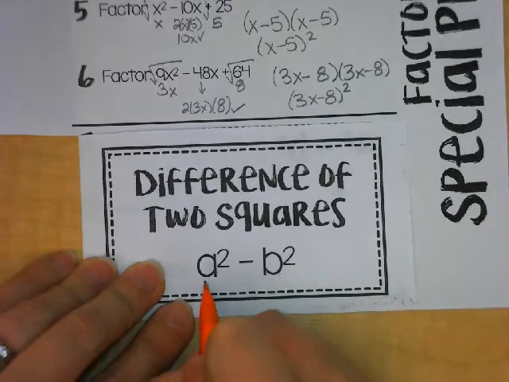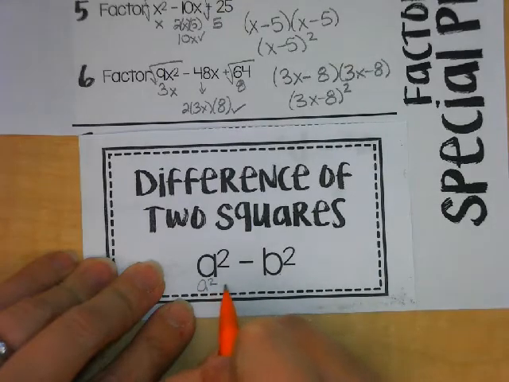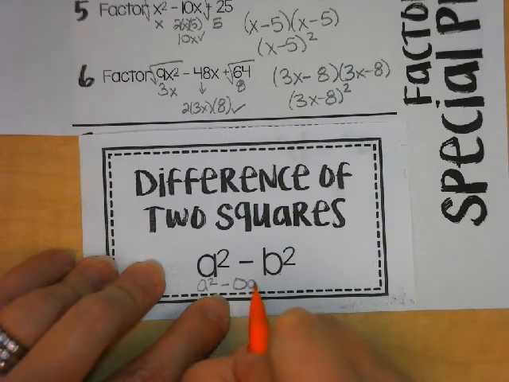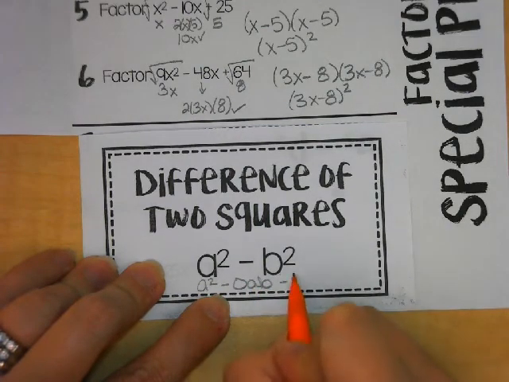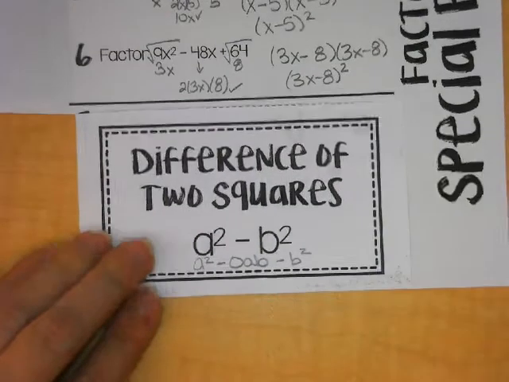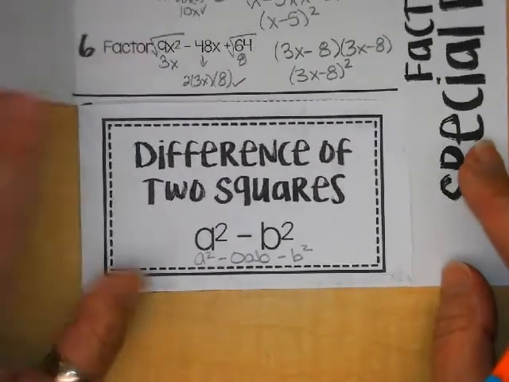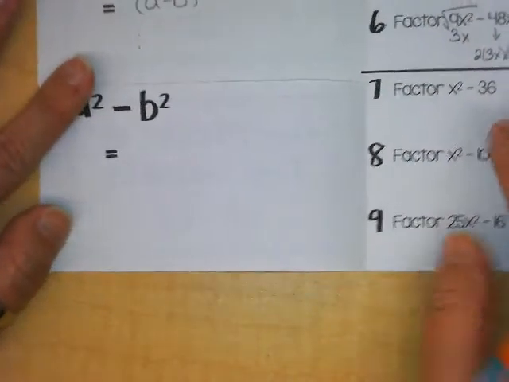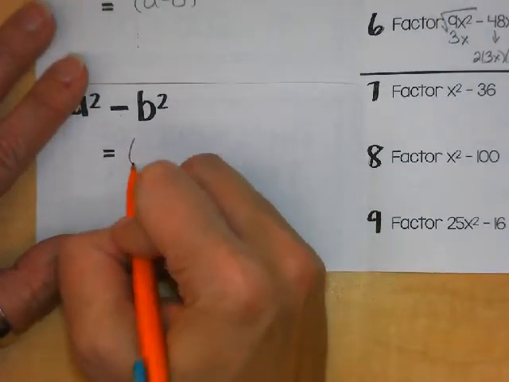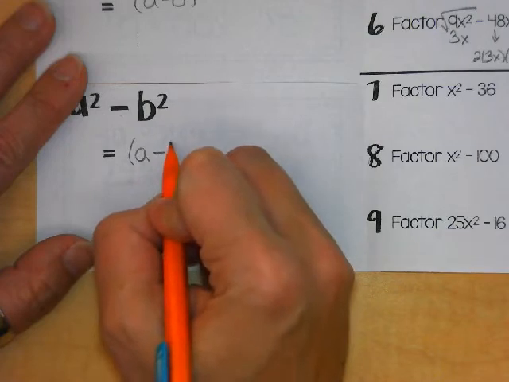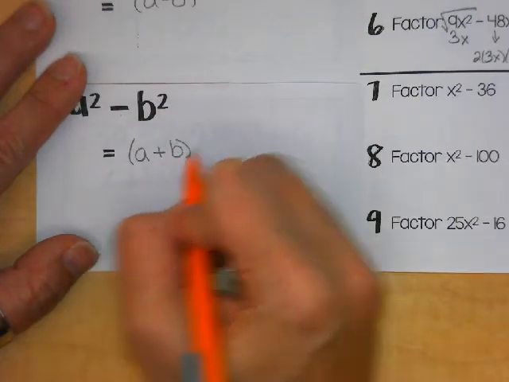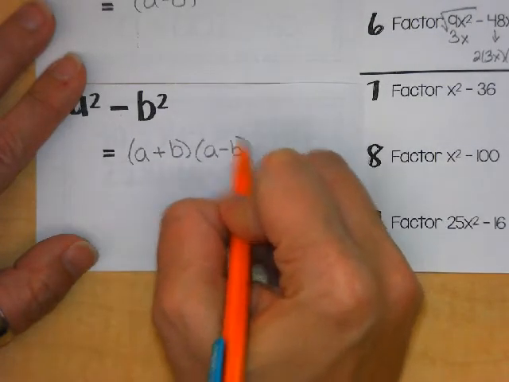So really, we could write this as a squared plus 0ab minus b squared, right? Our middle term is technically a 0. So when we look at this, we want that middle term to be a 0, so our signs are actually going to be different. One is going to be a positive, and one is going to be a negative.